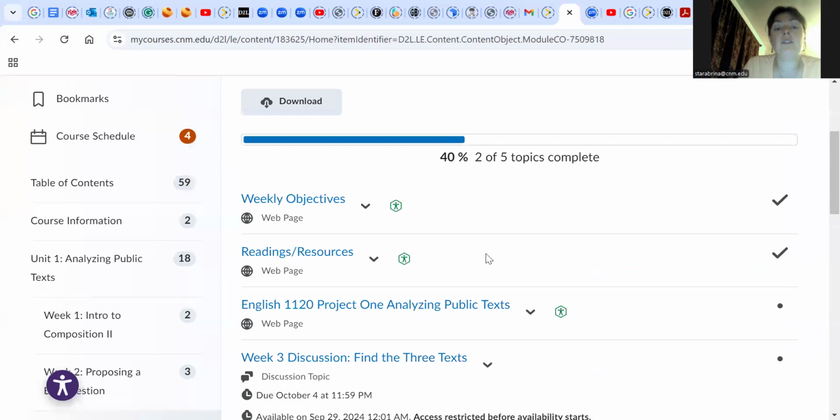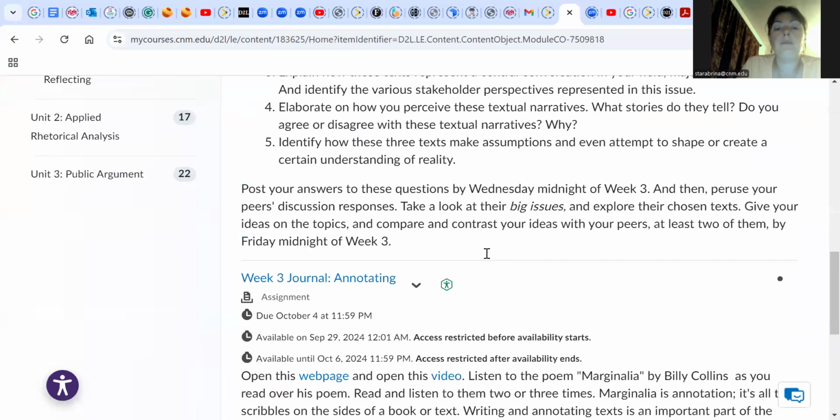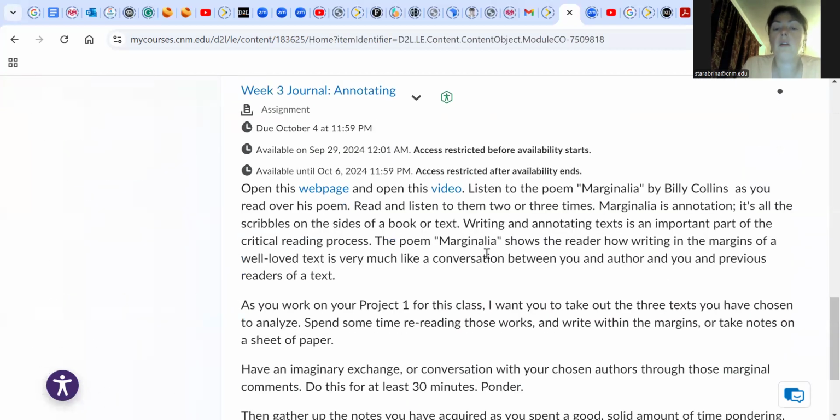Another thing that we're accomplishing through this poetry is that the topic is marginal comments, marginalia. So basically it's for drawing your attention to this way of working with a text.